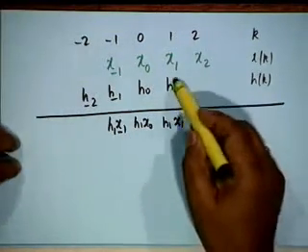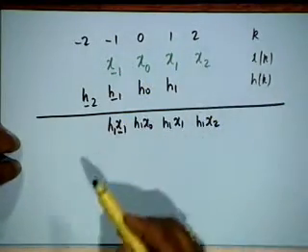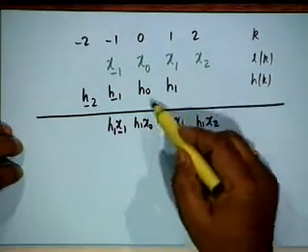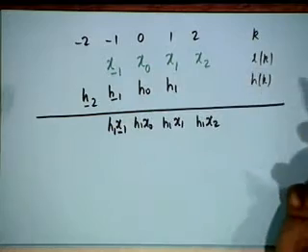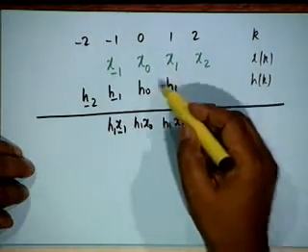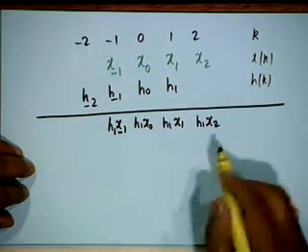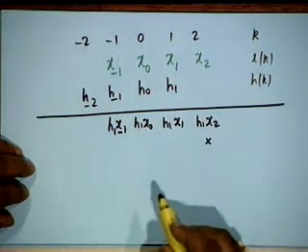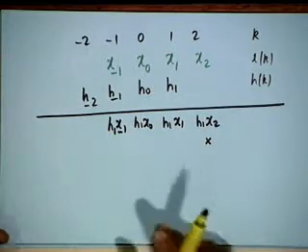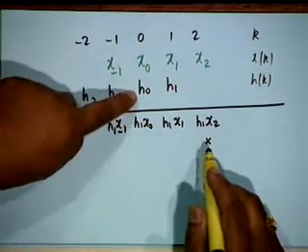Alright. What we have done is, we have taken h1 and multiply all these four numbers, put them in their appropriate places. Okay? Under x2, h1 x2, h1 x1, then h1 x0 and then h1 x of minus 1. Agreed? In arithmetic addition, you leave a column blank, right? Do you know arithmetic addition? You have done it. Okay. So you leave a column blank, and then we take the next number, h naught.